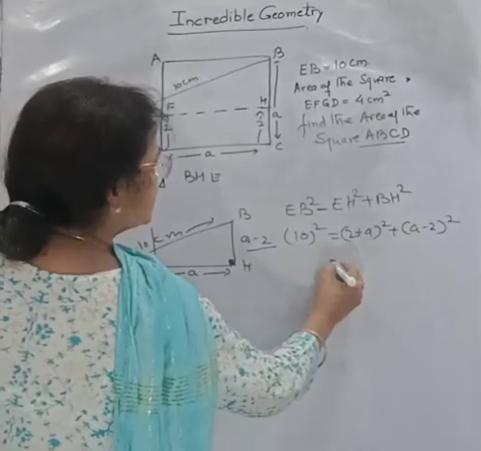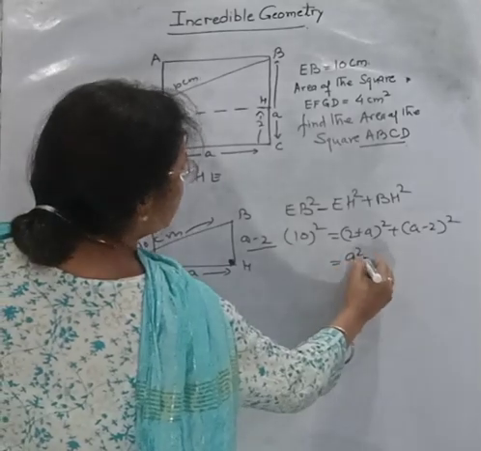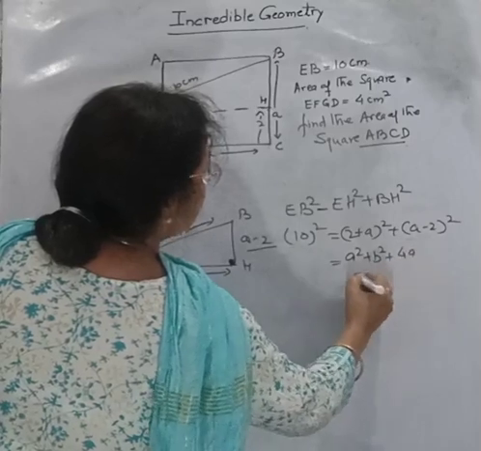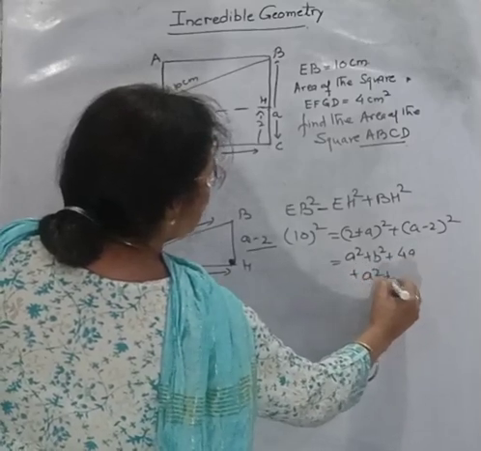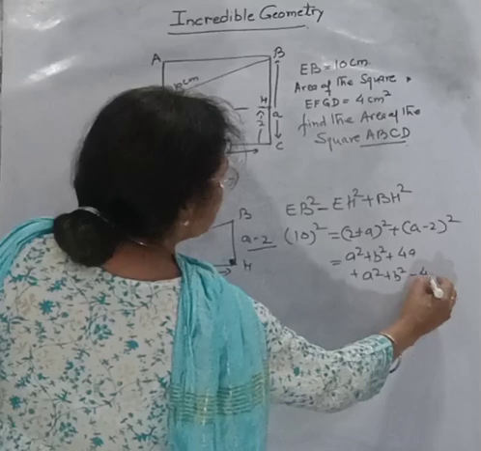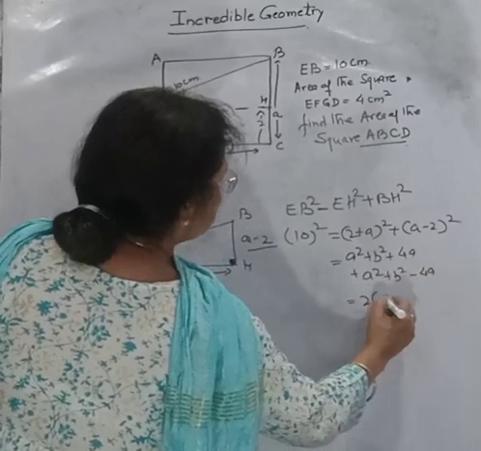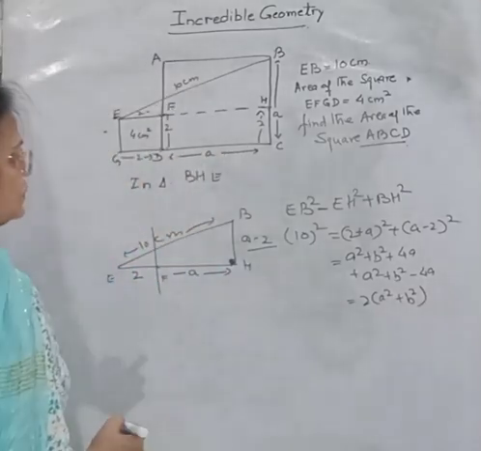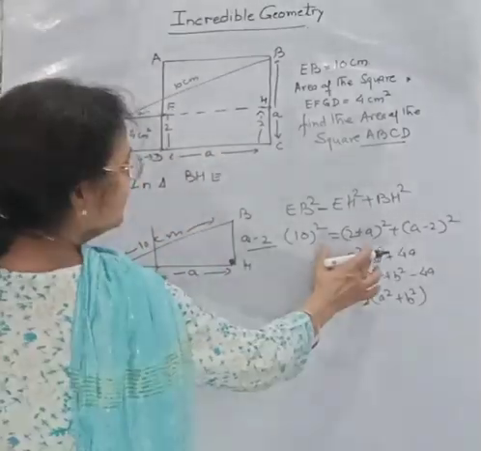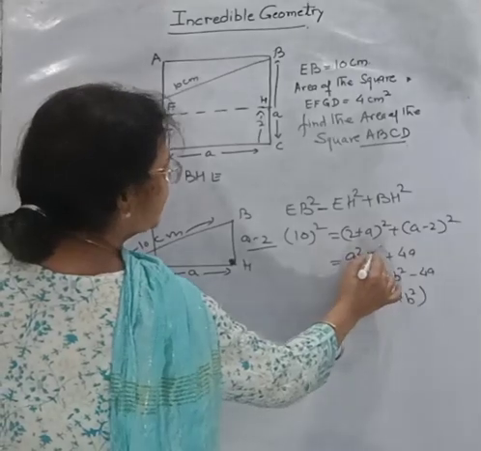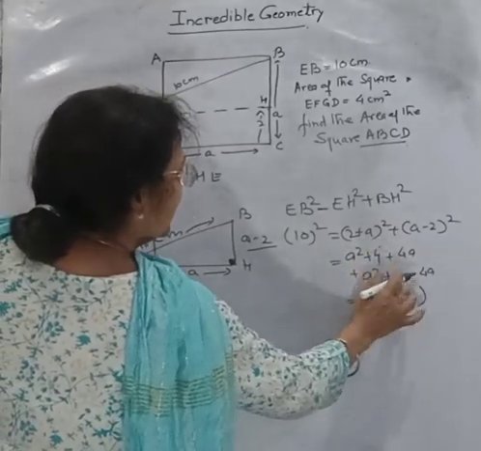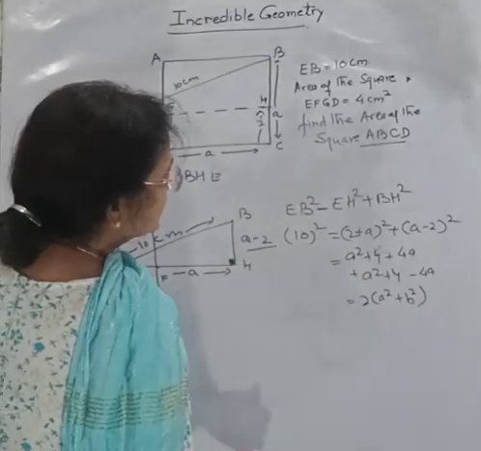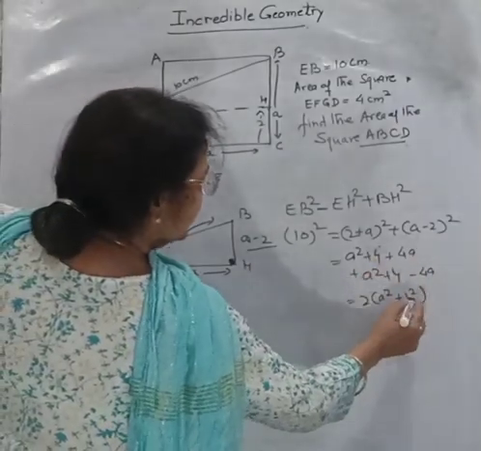This is A square plus 4 plus 4A, plus A square plus 4 minus 4A.